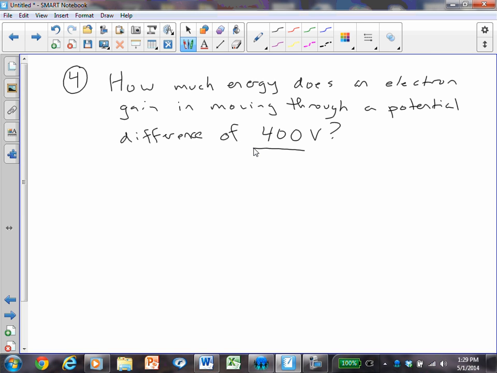How much energy does an electron gain? If you get confused, it's always good to write down the stuff that you're given. We know the charge of an electron, and potential difference is voltage, so V is 400. It asks how much energy, so we're looking for UE. Do you have a formula that relates potential energy to voltage and charge?